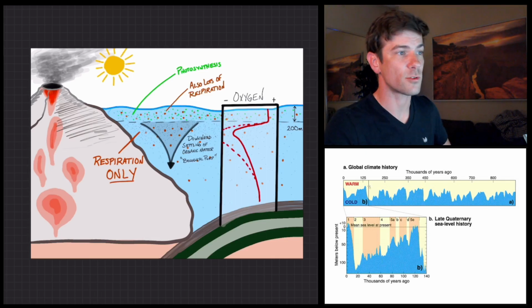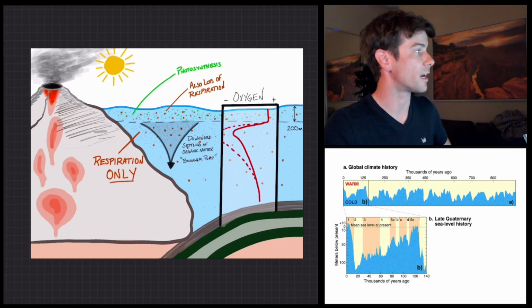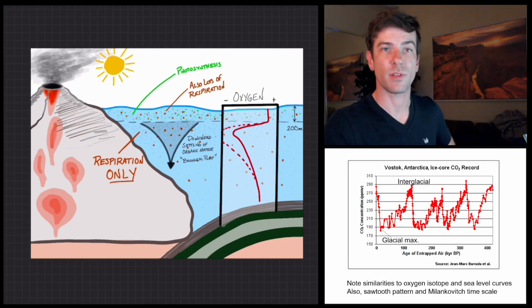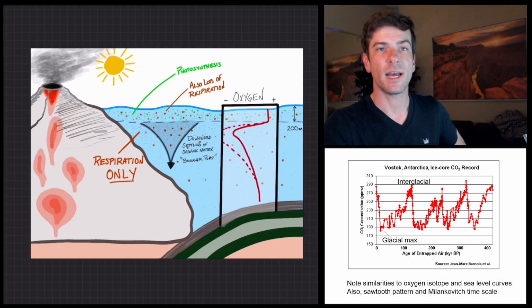This is sea level as related to the advance and retreat of glaciers over the last 800, 900,000 years. Similarly, I think we had one other record we looked at. Yeah, it was CO2. CO2 over that time scale has this characteristic 100,000 year period. And they've gone up and down.